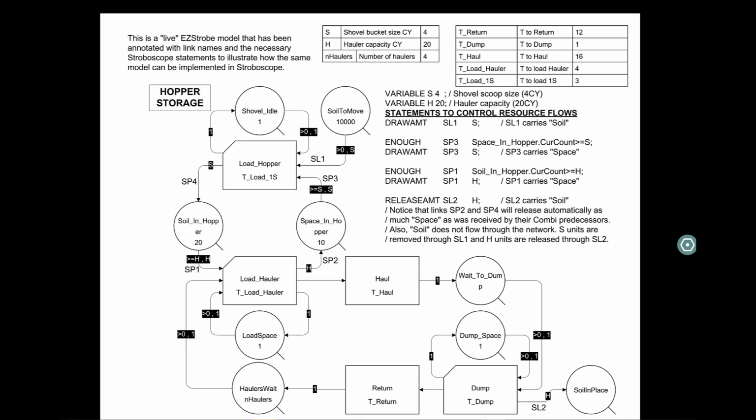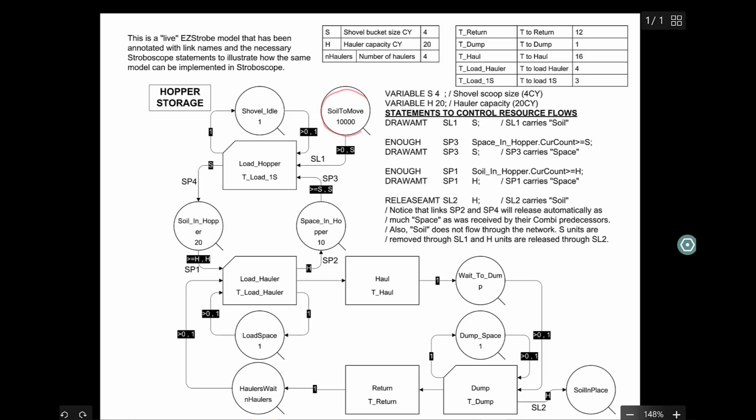We would define this in Stroboscope by using the statement draw amount SL1 followed by the variable name S. So every time an instance of load hopper is created, it would remove from the preceding queue soil to move an amount equal to S through the link SL1. This is the equivalent of specifying S on the link in EasyStrobe.